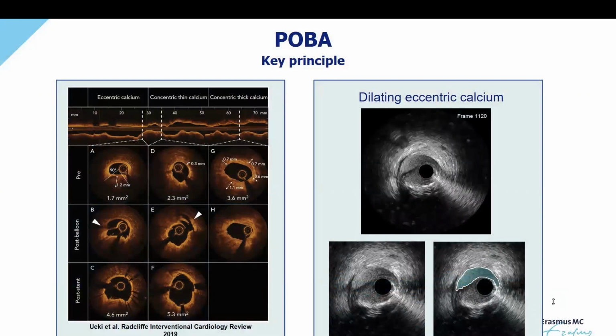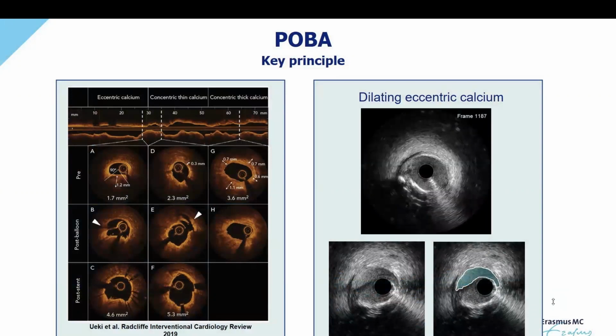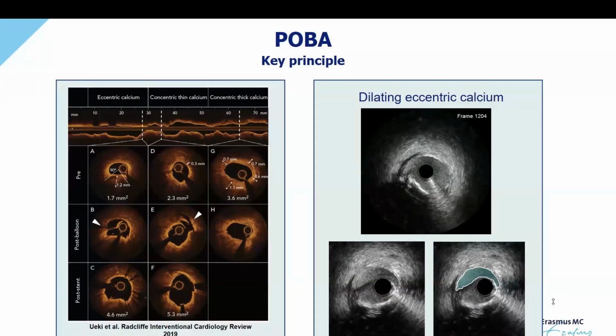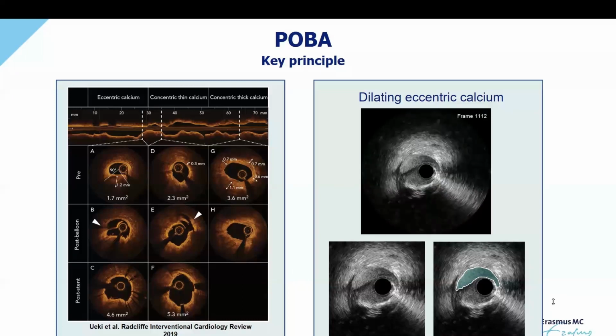So what you can see in figure 1b, where the white arrow is, is that there is a dissection exactly at the spot where the balloon ruptured the intima and the media. And that's always at the opposite side of the calcific plaque, simply because of the fact that the resistance there is the lowest.